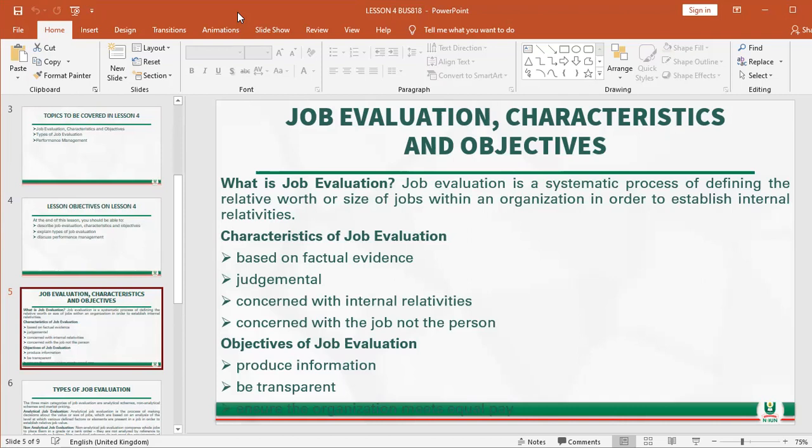You can find some people earning more than others in a particular organization. And this is where job evaluation comes in, because those jobs are evaluated to see if the pay structure is commensurate to the particular job each person is doing.